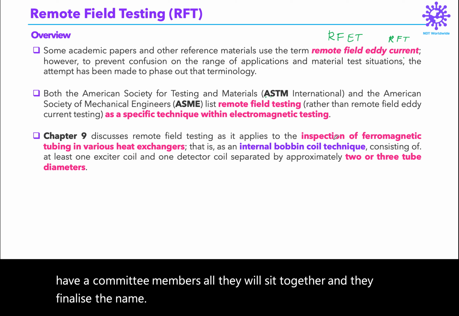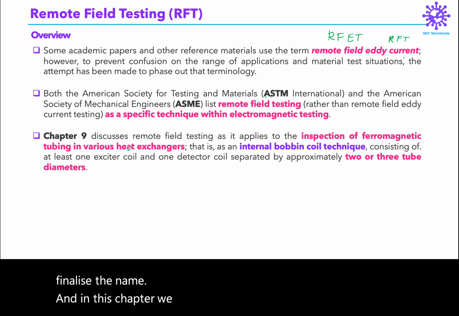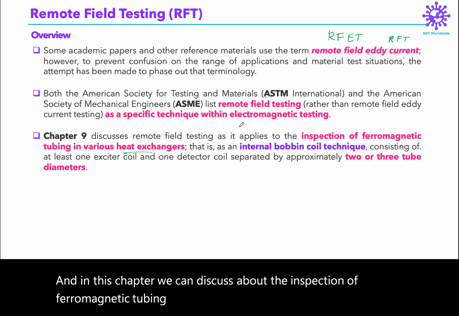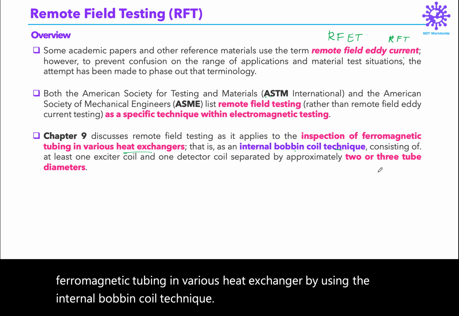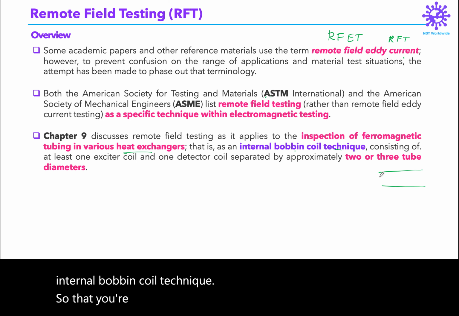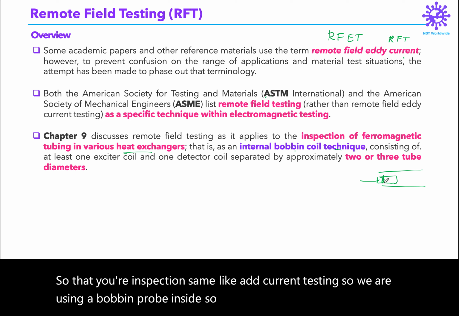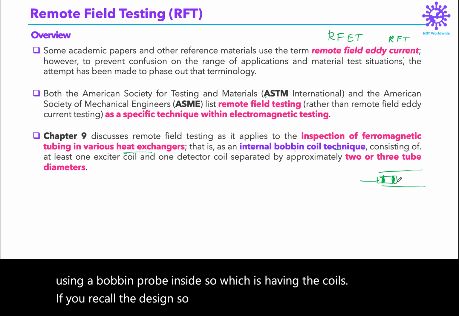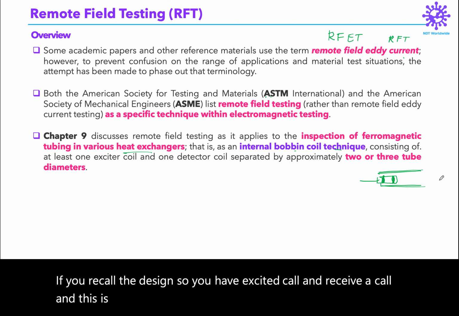In this chapter, we will discuss the inspection of ferromagnetic tubing in various heat exchangers by using the internal bobbin coil technique. The tube inspection is the same as eddy current testing. We are using a bobbin probe inside, which has the coils. If you recall the design, you have an exciter coil and a receiver coil, and this is just inserted in the tube.